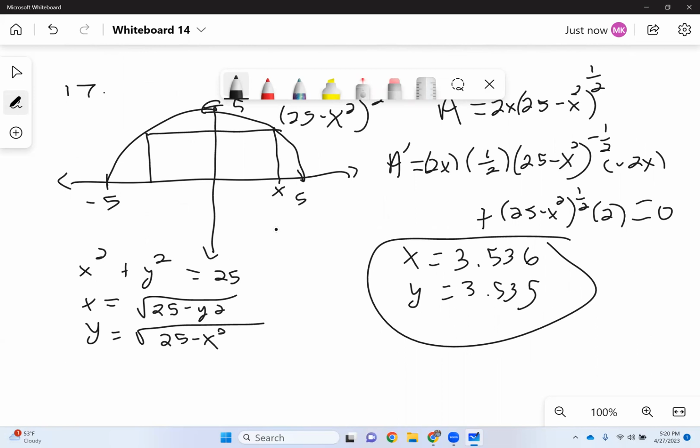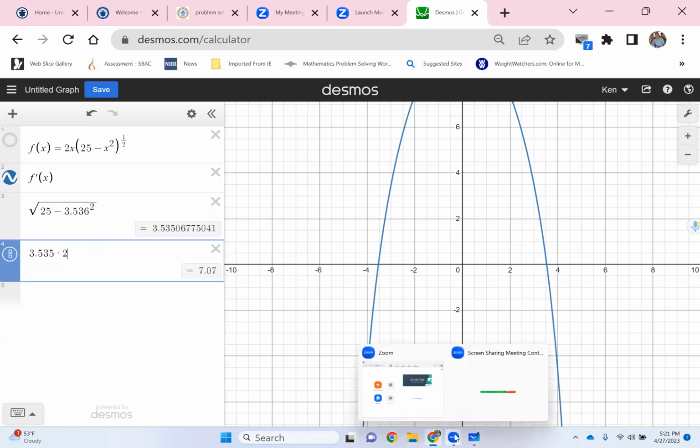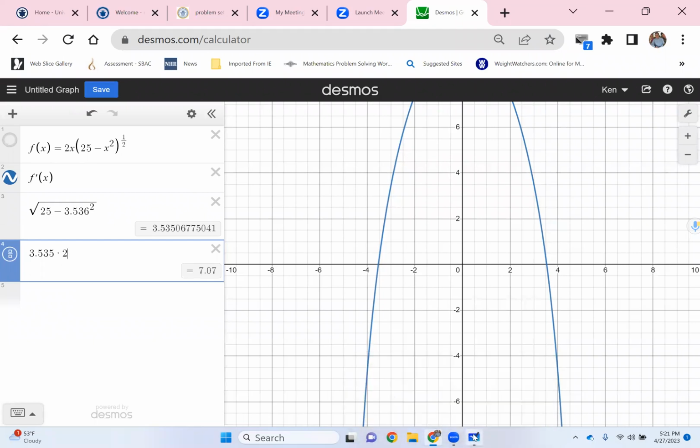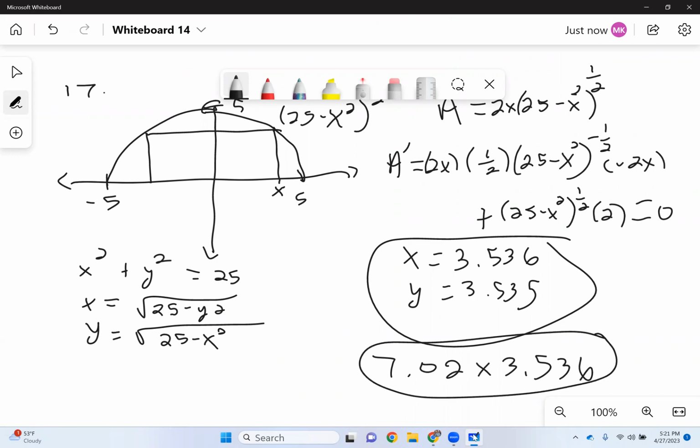So 3.535 times 2, 7.07. So it's 7.07 by 3.536. And there we have it. So those are the dimensions of the rectangle.